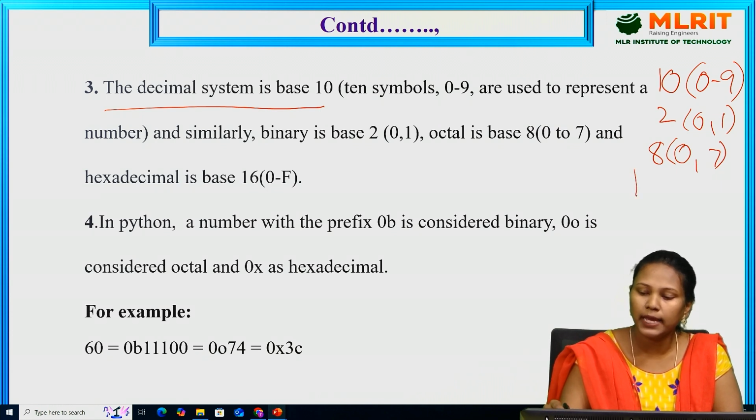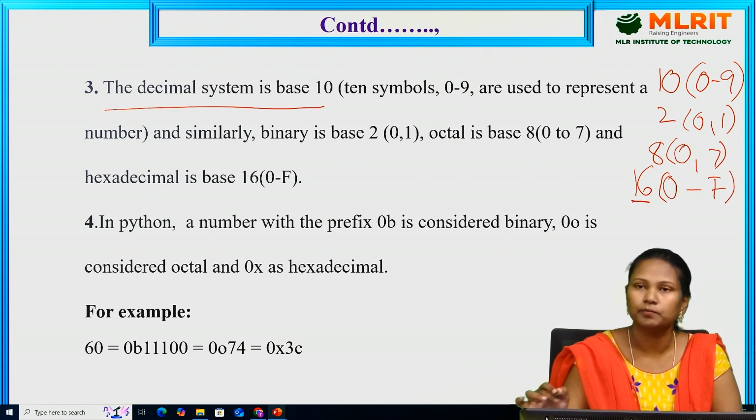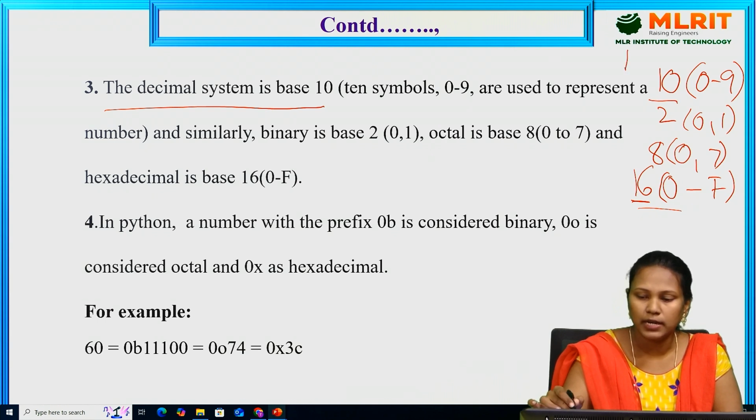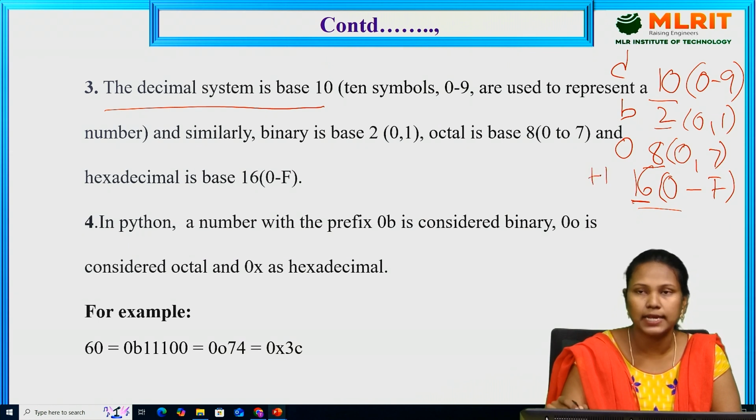Hexadecimal is base 16, and it goes from 0 to F. So 10 represents decimal, 2 represents binary, 8 represents octal, and 16 represents hexadecimal.